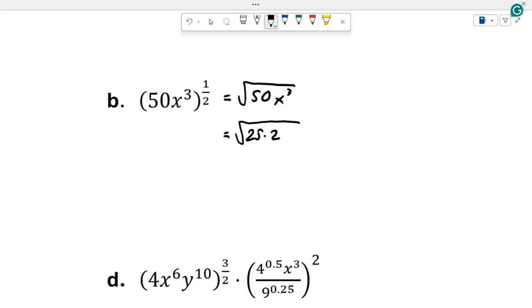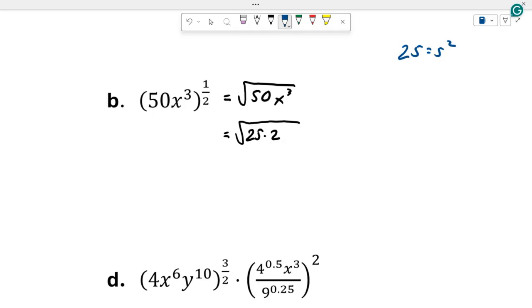And the reason why I want to write it as 25 times 2 is because 25 is a square number. 25 is 5 squared. So my goal here is to think about what the factor of 50 is that is the largest square number that goes into 50.